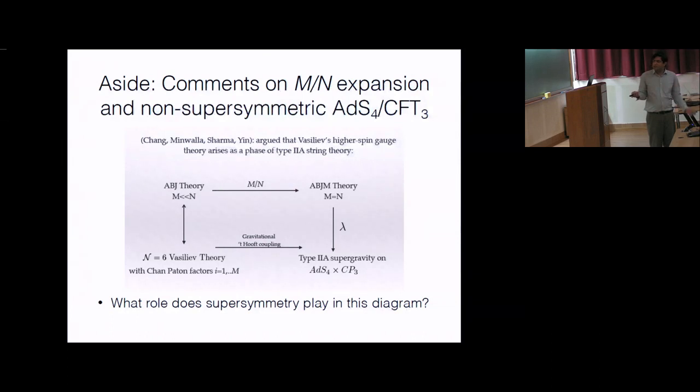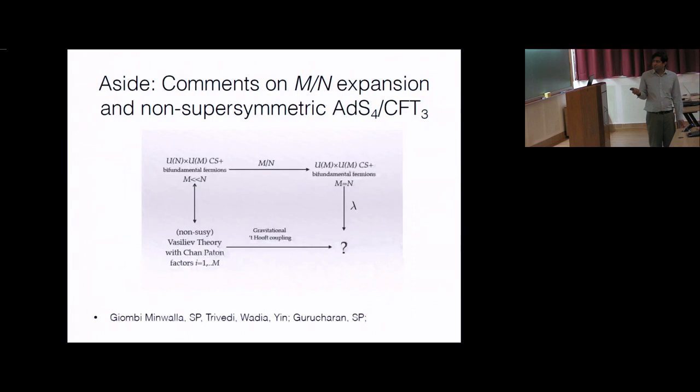But you could just as well have a non-supersymmetric theory: just a U(N) cross U(M) bifundamental Chern-Simons theory at fixed K, coupled to fermions, and there's no marginal coupling, so it's in fact a consistent conformal field theory which looks just like ABJM. And we know when M is much less than N, it has a Vasiliev higher spin dual.